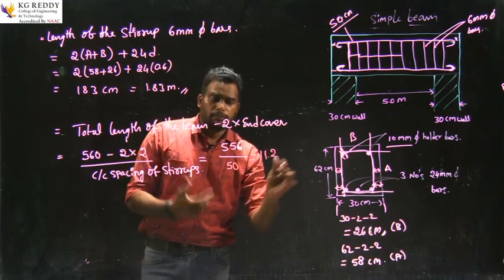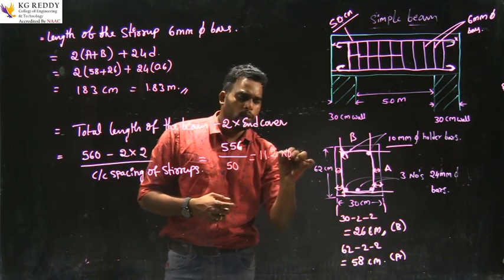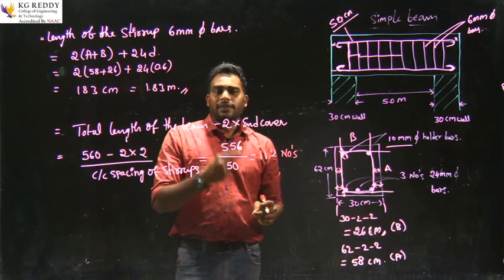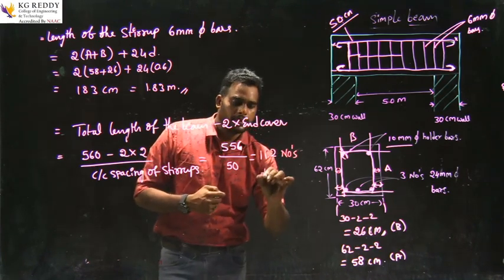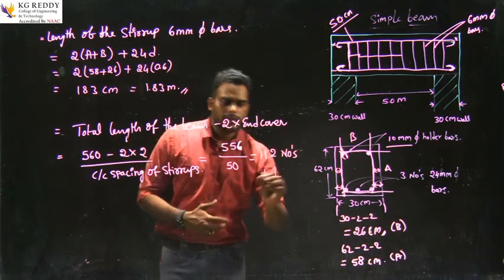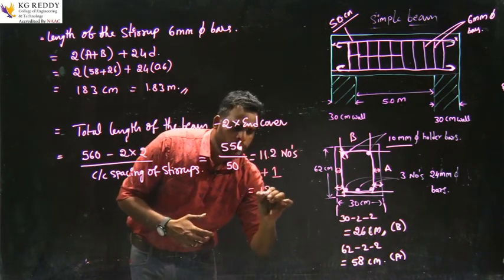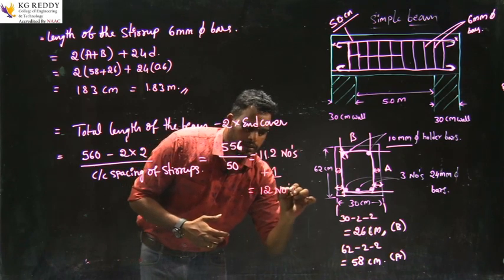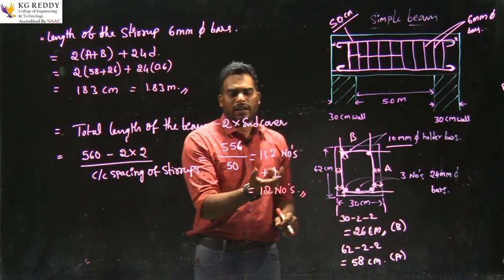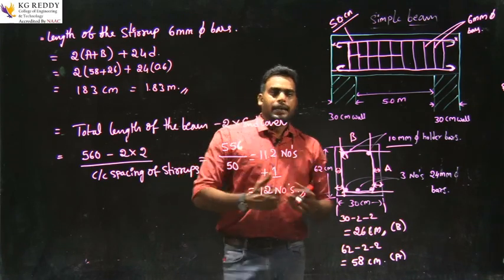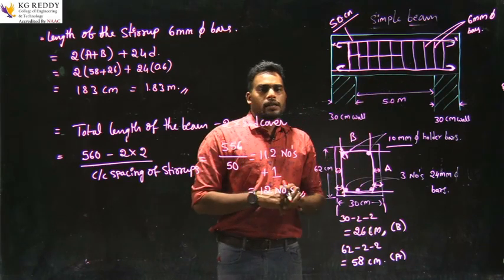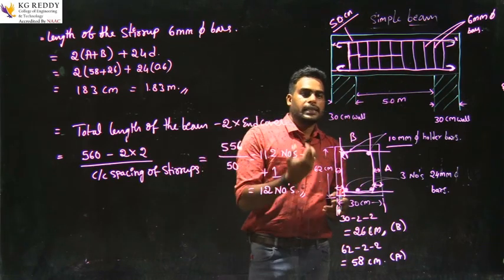By calculating this, we get 11.2, so 11.2 stirrups, but we need to add one additional stirrup. So finally we get 12 stirrups. Why do we need to add one additional stirrup? If we add one additional stirrup, the beam will get more strength.